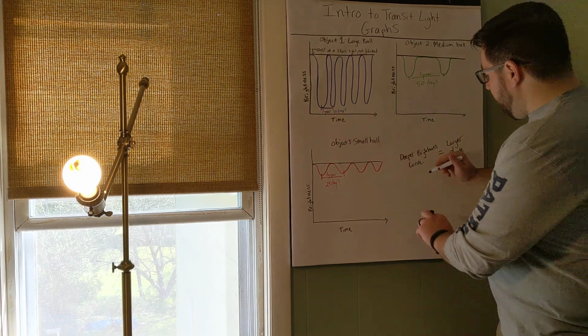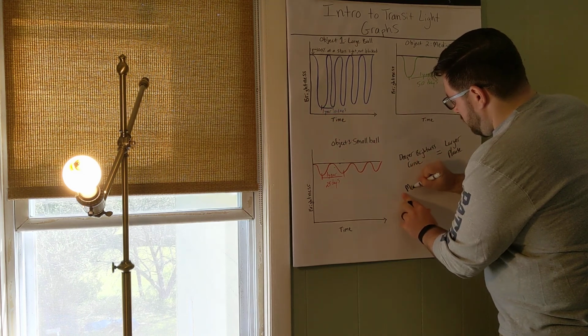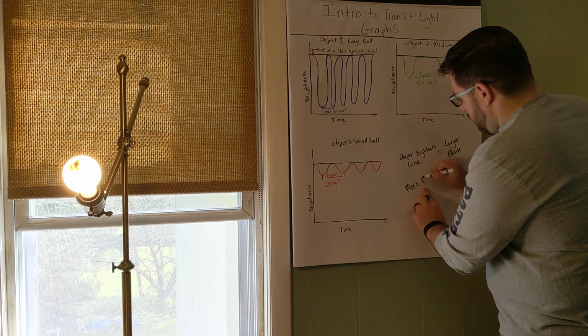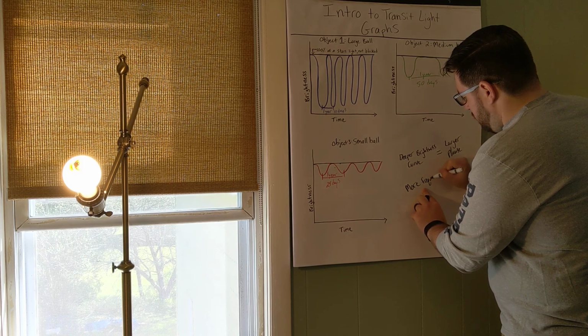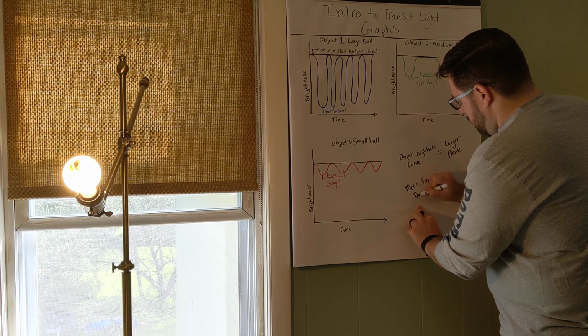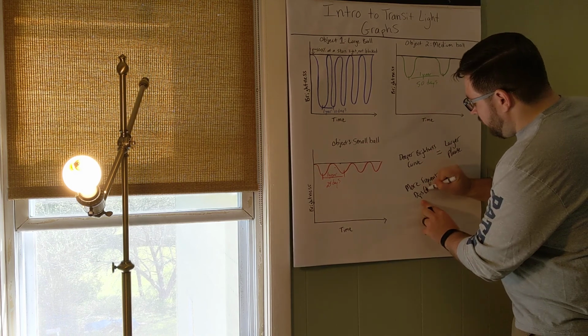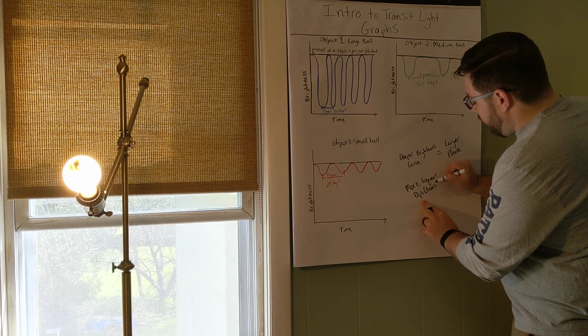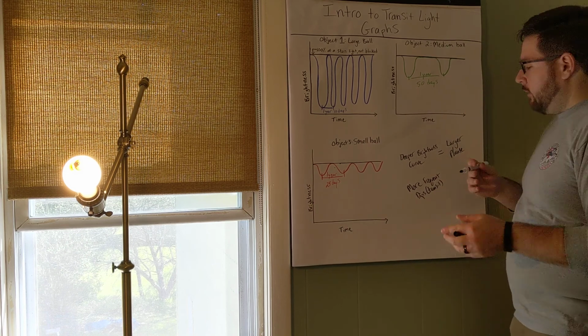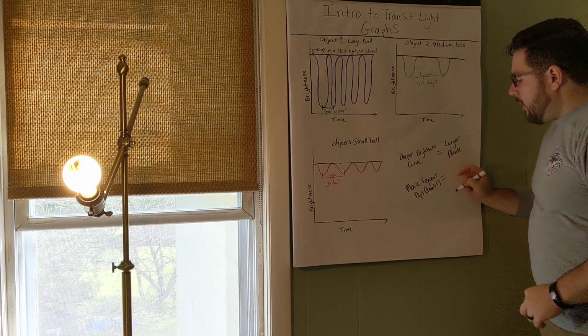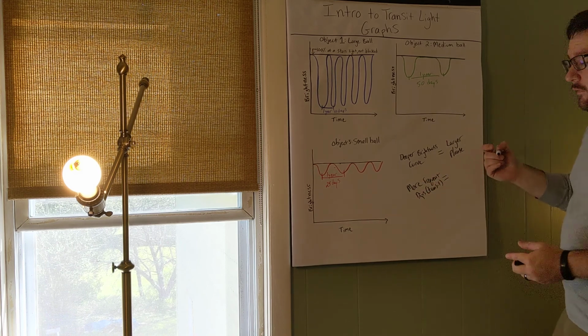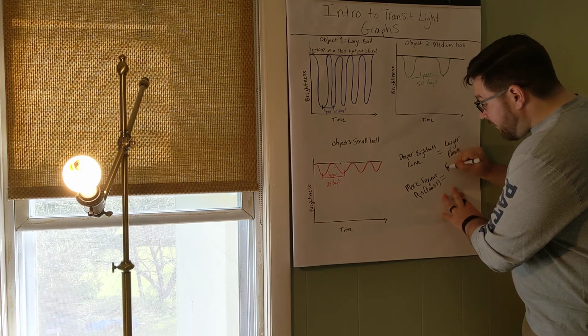More frequent dips, and by dips, I mean transits. The correct word is transit, but sometimes we call them dips for more common reasons. Okay, so more frequent dips equals a faster planet.